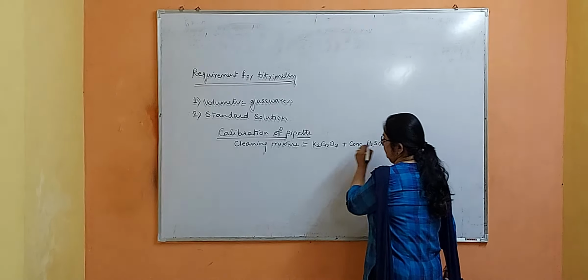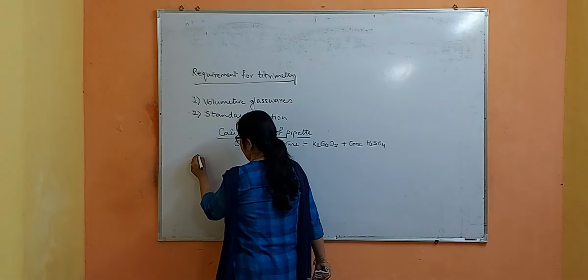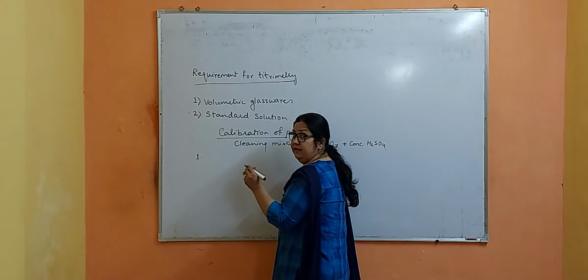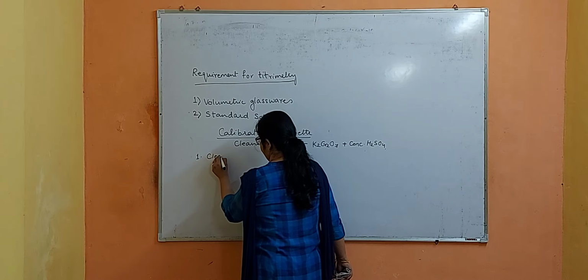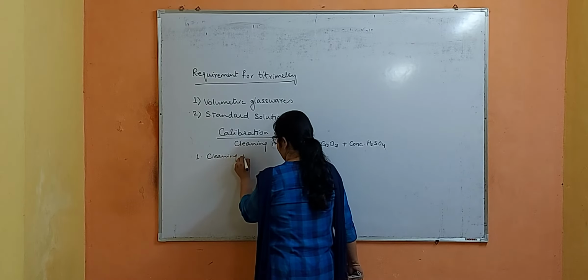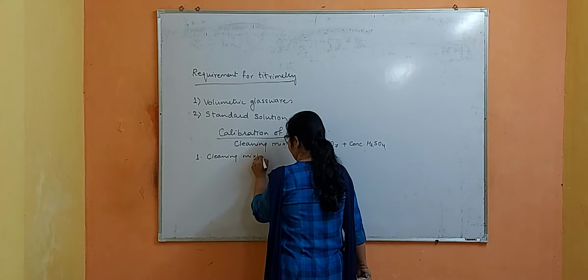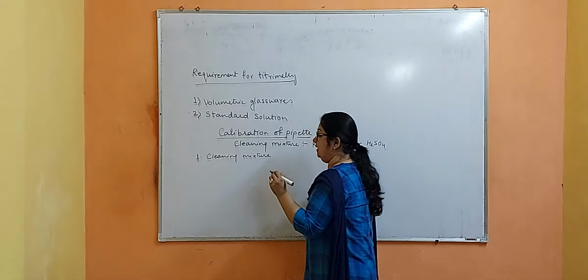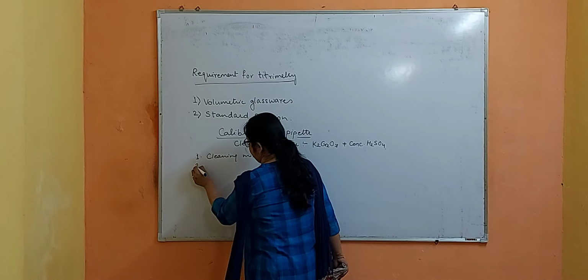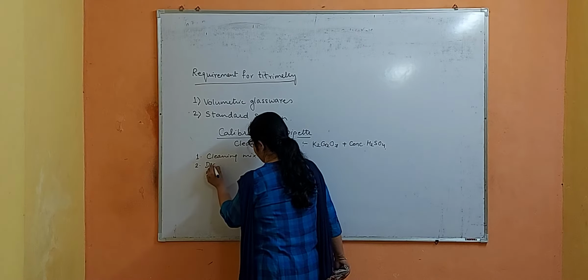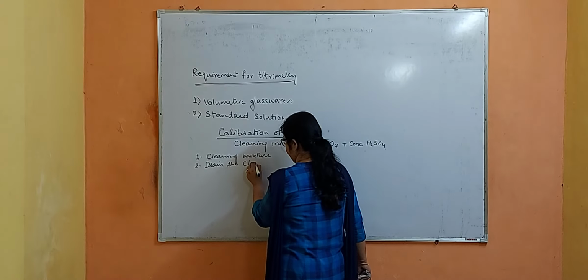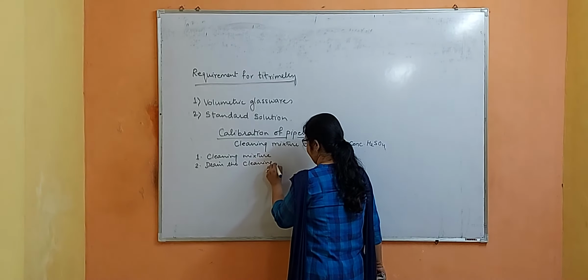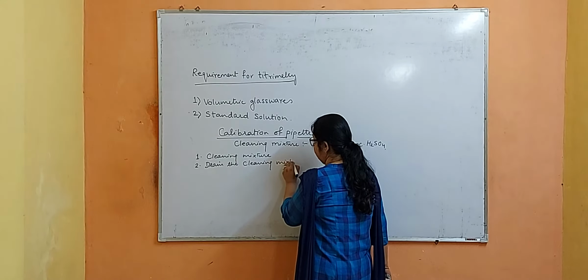So first step is, in calibration, fill your pipette with cleaning mixture. Alright. Then drain the cleaning mixture. Second step. Then what is to be done?